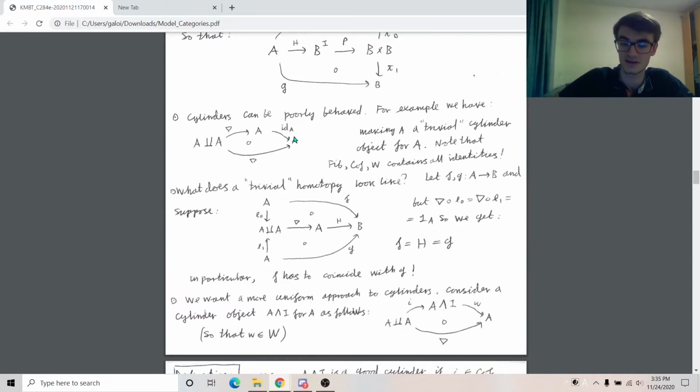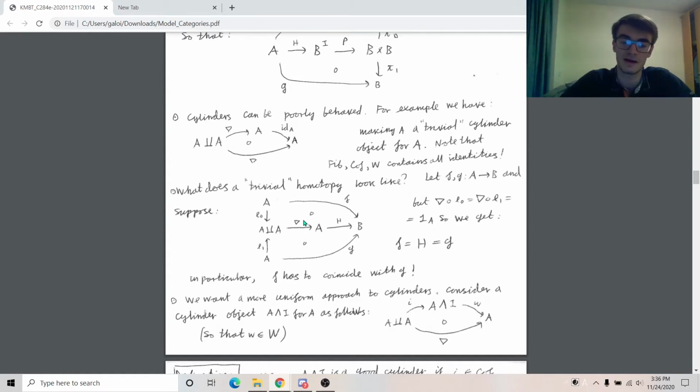So suppose f and g are maps from A to B. And suppose there's a homotopy between these two maps involving this trivial cylinder A. And this means that this diagram commutes. But note now that our map I is the codiagonal itself.